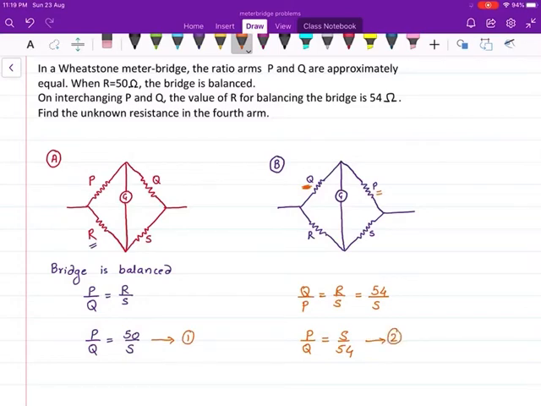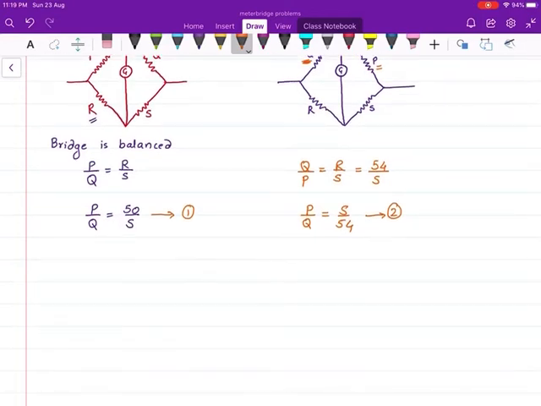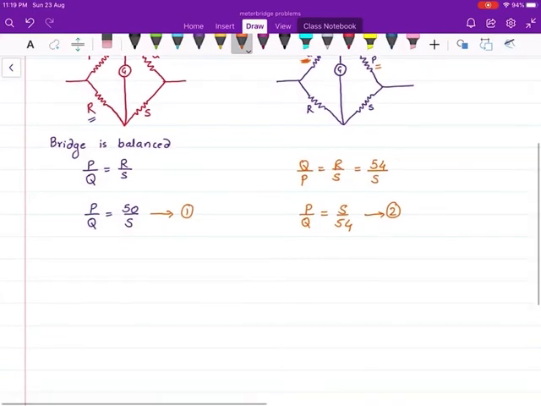I want to find the value of S. So I just have to equate P upon Q from equation 1 and 2. So what do I get?